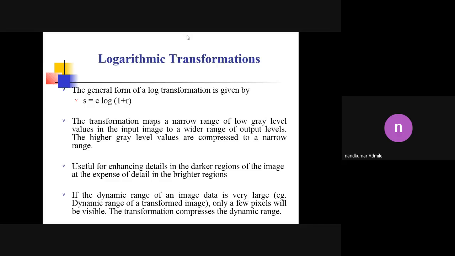Another type of transformation is the power law transformation. The basic aim of power law transformation is that if we capture the image by using different types of devices, for that purpose we can use power law transformation. We can take three examples: capturing an image with a camera, with a digital camera, and with a telescope.